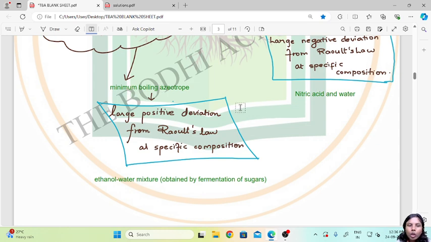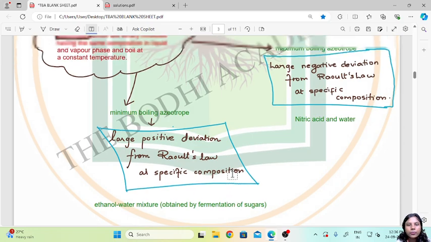The minimum boiling azeotropes are the ones which show a large positive deviation from Raoult's law at a specific composition. An example of this is the ethanol-water mixture obtained by fermentation of sugars. When we say large positive deviation, we know that the A-B interactions, that is the binary solution interactions, are weaker in this case.